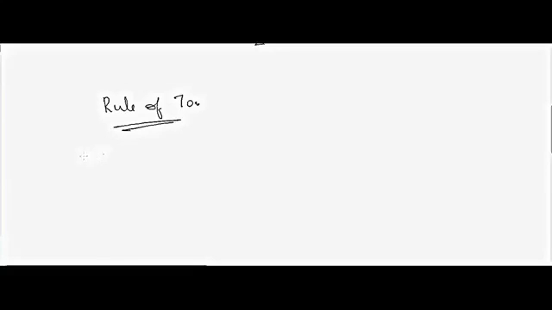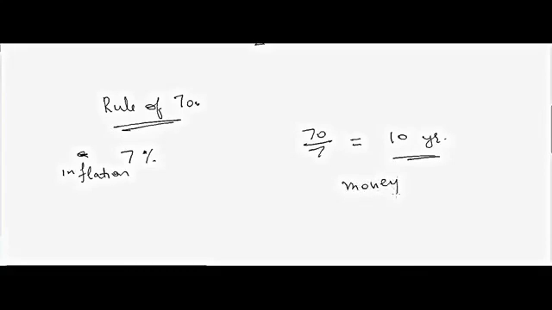So if the rate of inflation is 7%, then it will take you 70 divided by 7, equal to 10 years, for your money value to become half.